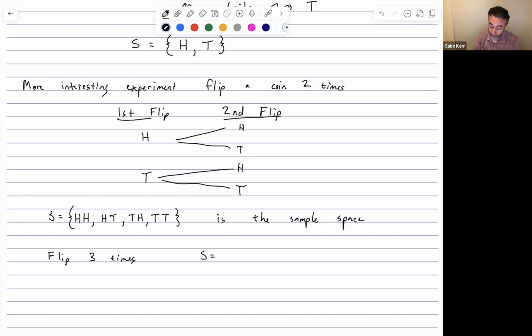You only have 2 letters in your alphabet, H and T, and you want to write down every possible word you can make, even if it's gibberish, with H and T. So you have HHH, HHT, HTH, HTT, then you have THH, THT, TTH, and TTT.